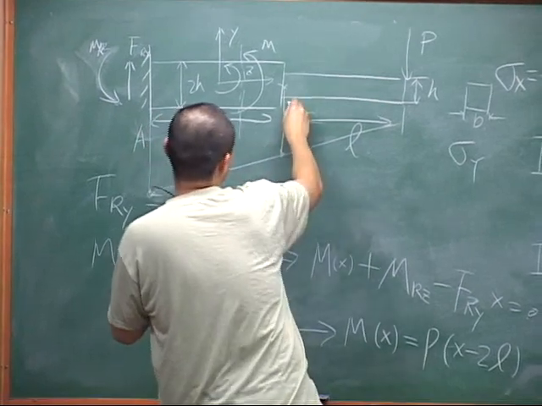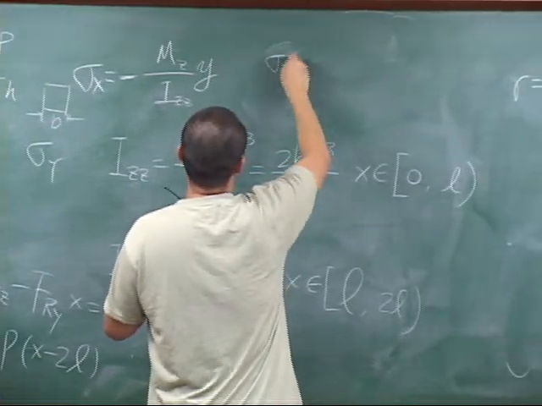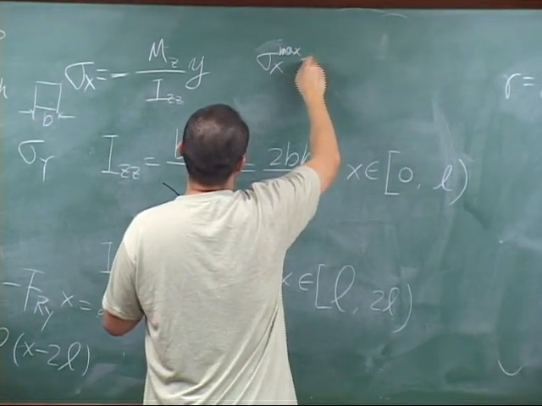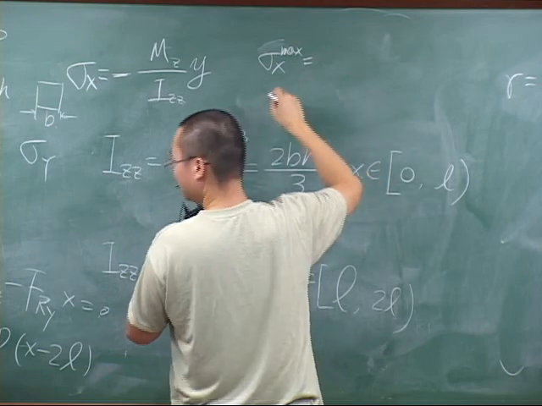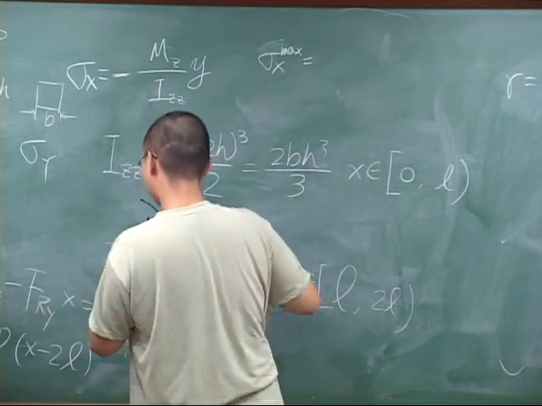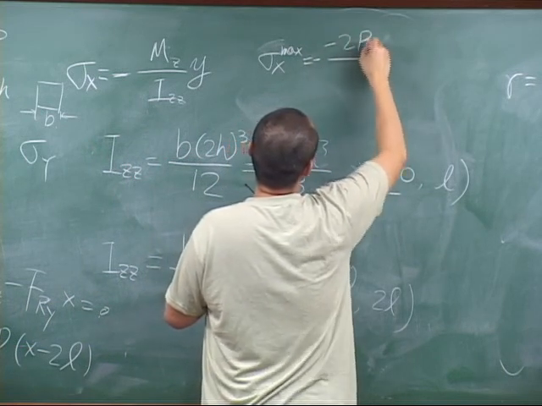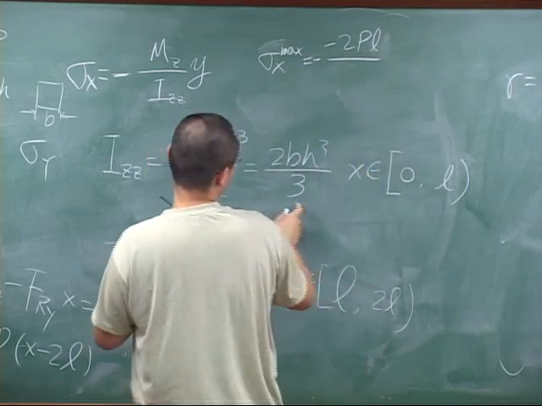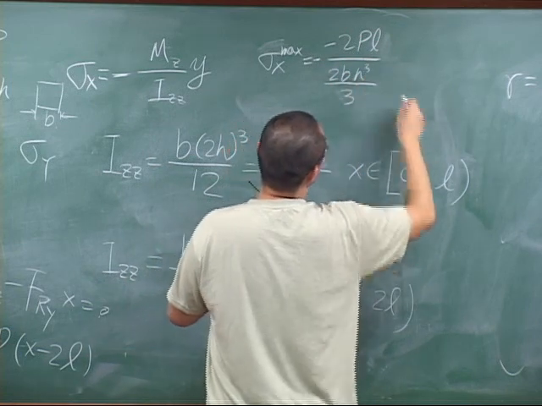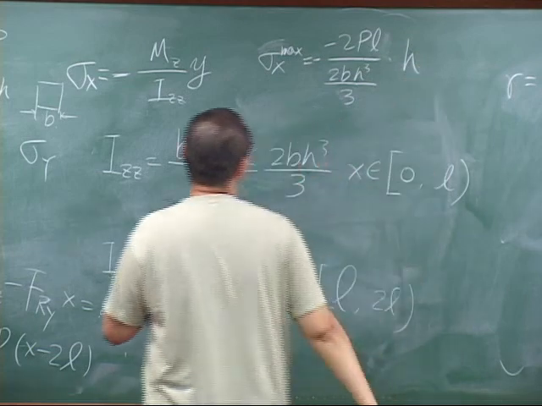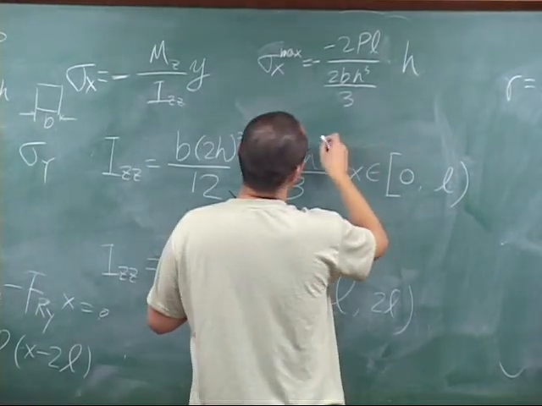Let's say this is A and this is B. Here M equals 0, so minus 2PL divided by what, and times h.